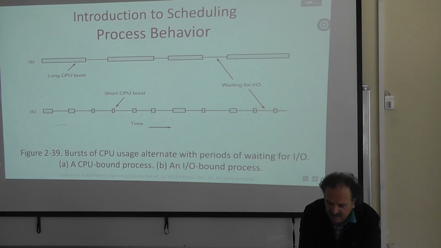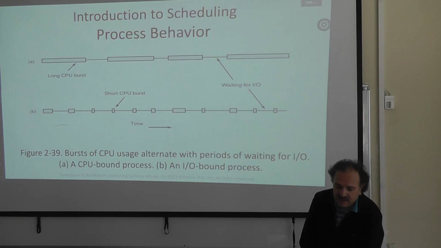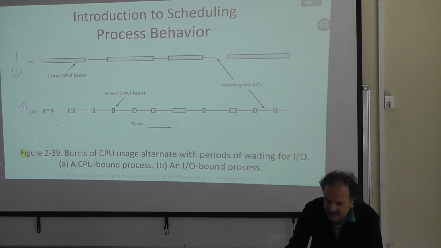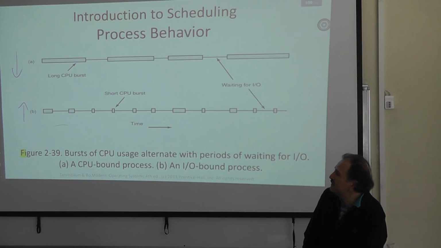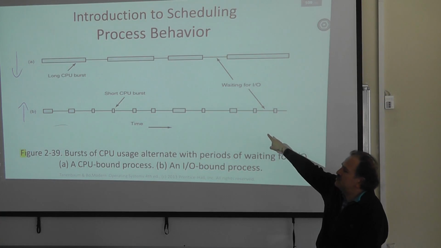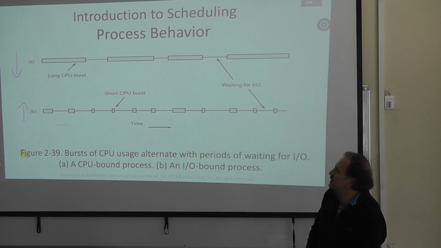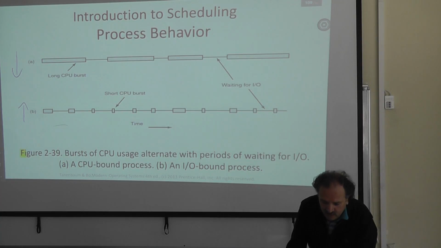But this one has very, very large gaps between the CPU usage, so it is not using CPU much. This algorithm says that increase the priority of this type of I/O bound processes and decrease the priorities of these CPU bound processes. That's the idea. If I do that, I will let this process use CPU more, so it will get enough CPU time.